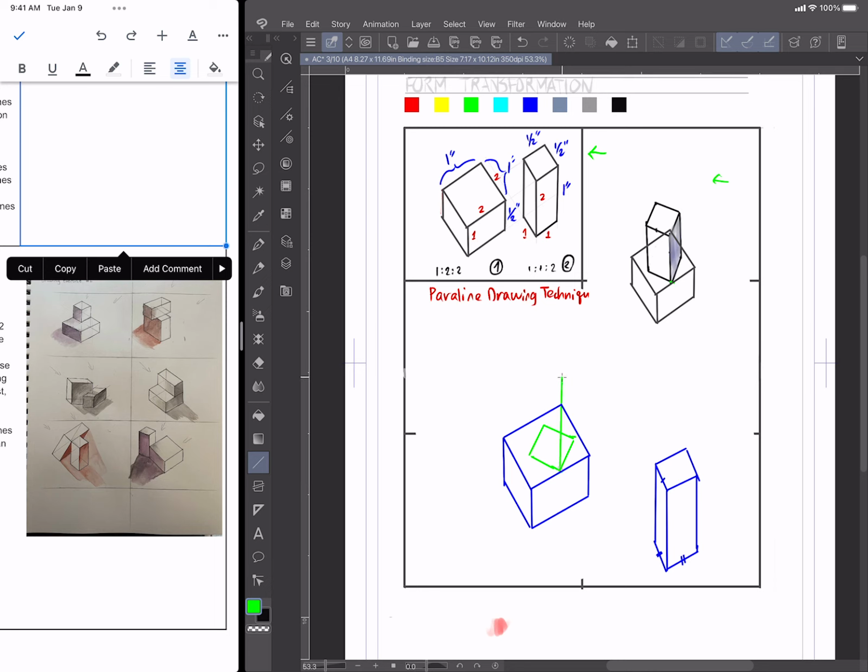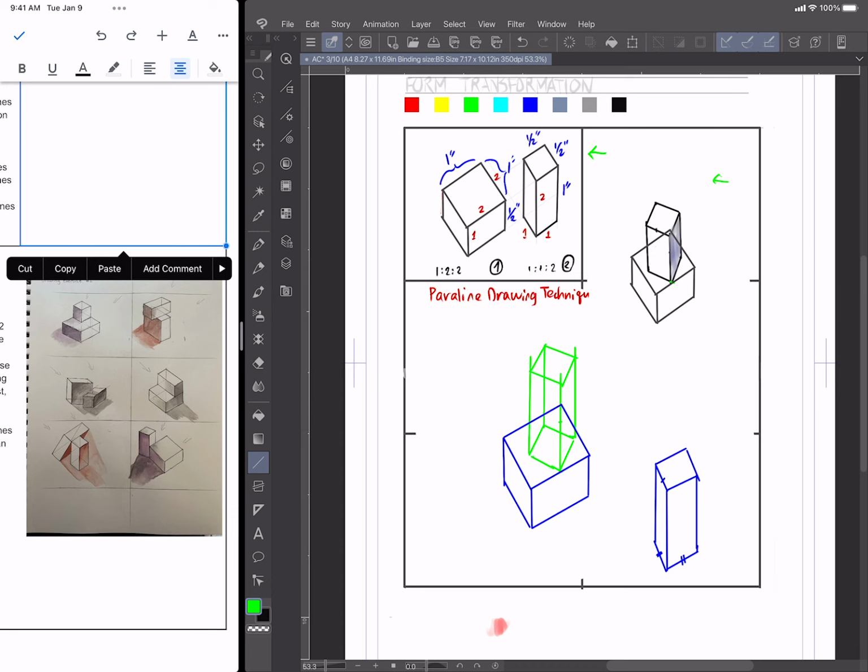And then afterwards, we give the volume a height, which is about 1 inch, double the height there. And then we'll use, again, the parallel line approach to draw the top surface, which would be a half-inch by half-inch square.